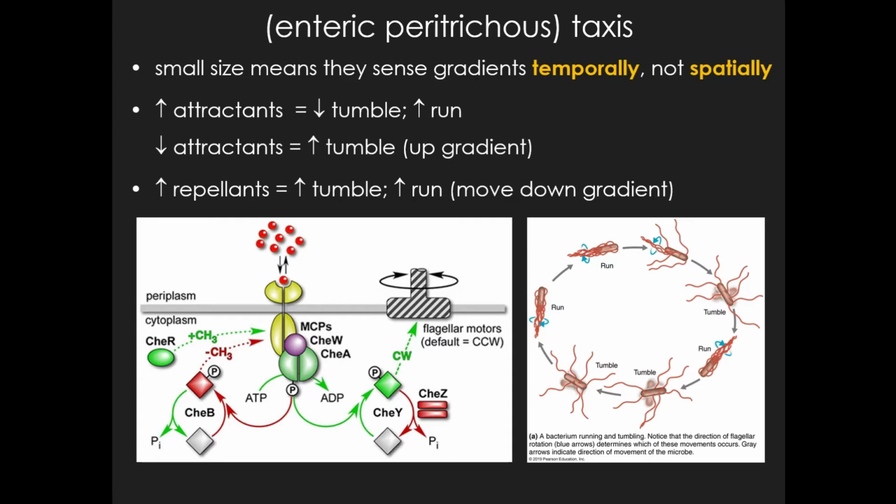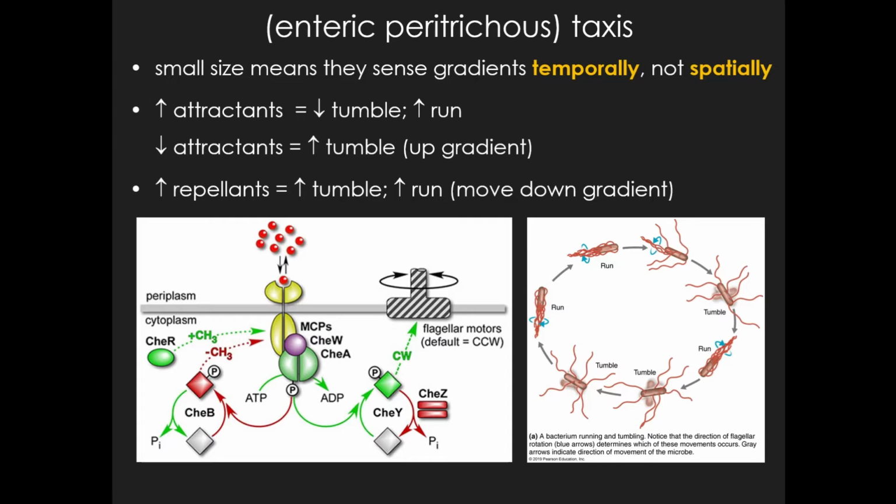What I want you to understand is these little red circles are chemicals in the environment, and whether that chemical is something they want, like food, or something they don't like, like a waste product, they will bind that.